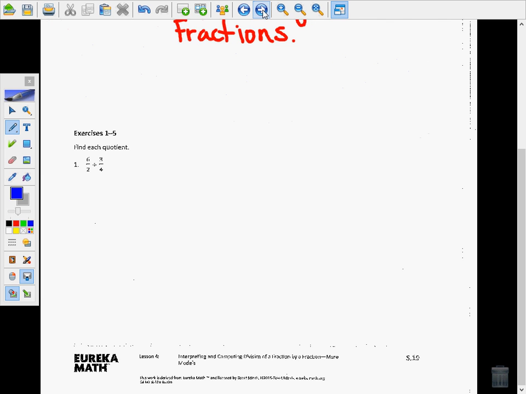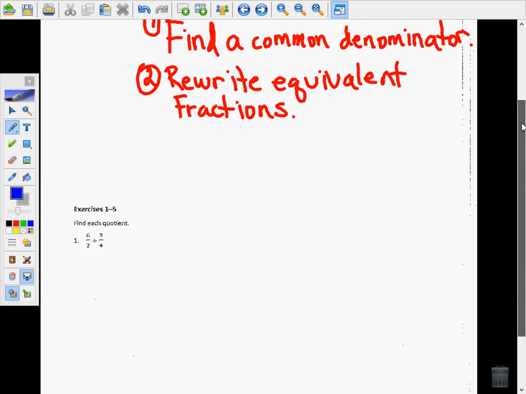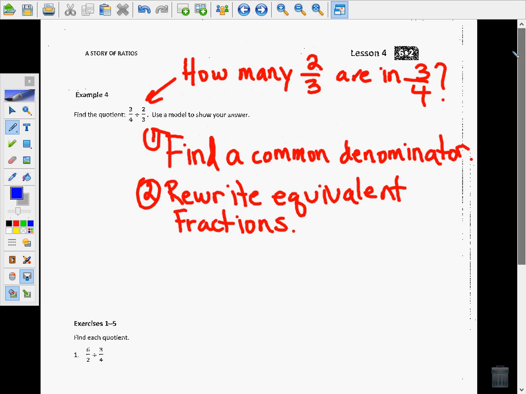Let's go over one more example that does not have common denominators. Example 4. Find the quotient 3/4 divided by 2/3. Use a model to show your answer. So we have to determine how many 2/3 are in 3/4. Step 1. Find a common denominator.